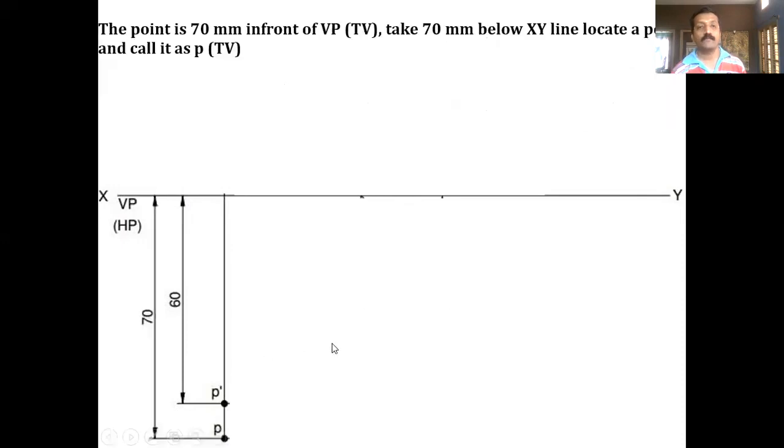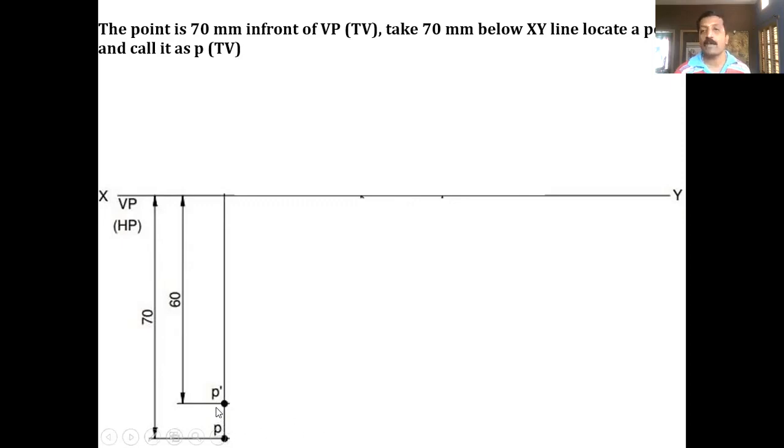Next, let me read the second sentence. The point is 70 millimeter in front of VP. In front of VP is the top view information. In front of VP we should draw below the XY line. So now you take 70 millimeter below the XY line and draw one horizontal projector line.